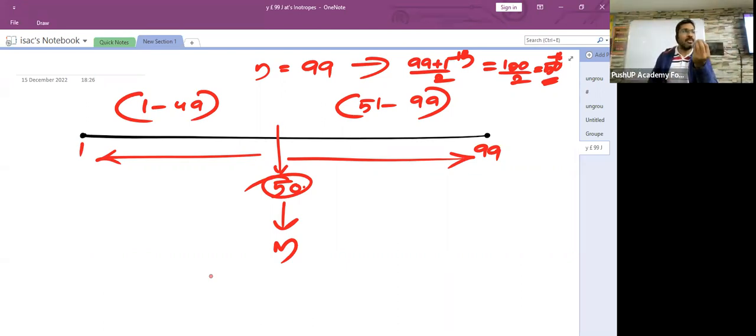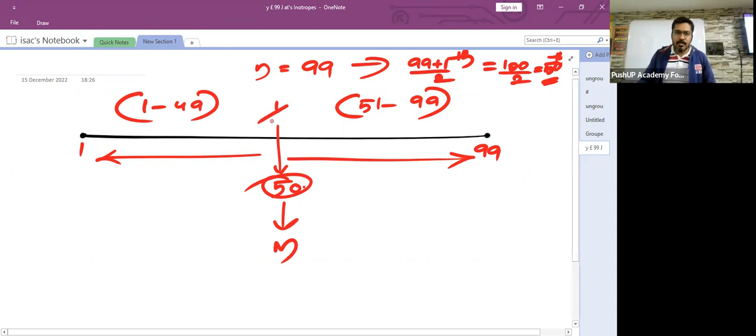What is that value which comes in 1/4th position of the entire number of observations? What was the total number of observations here? 99, isn't it? So children, what is that value which comes in 1/4 position? This is which position, children? 1/2 position. You all agree with this? It comes in 1/2 position. What is 1/2?